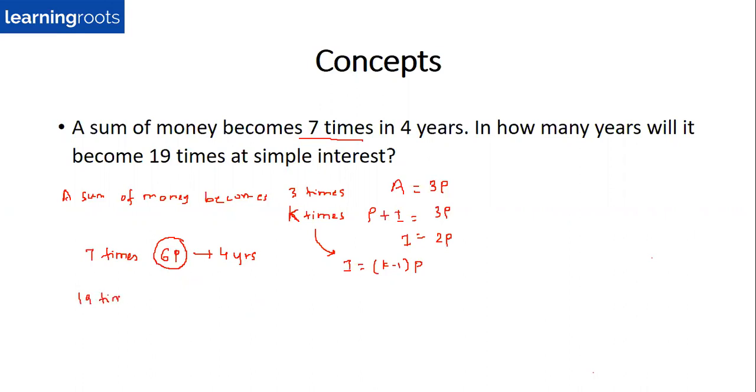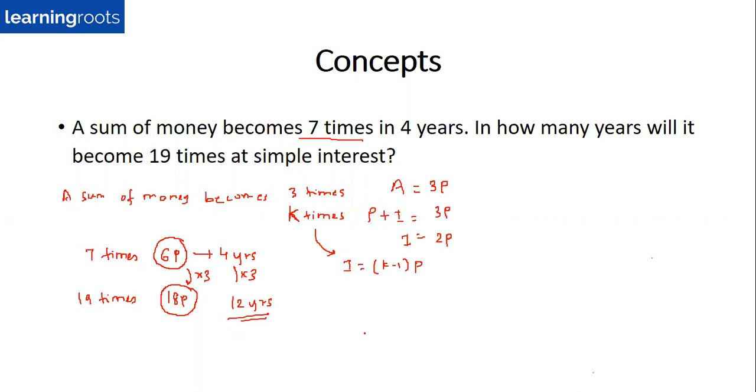So for it to be 19 times, the interest has to be 19 minus 1, 18 times the principal. So if 6P happens in 4 years, 18P, which is nothing but into 3, this 4 needs to be also multiplied with 3. The answer will be 12 years. So it will take 12 years for the sum of money to become 19 times.